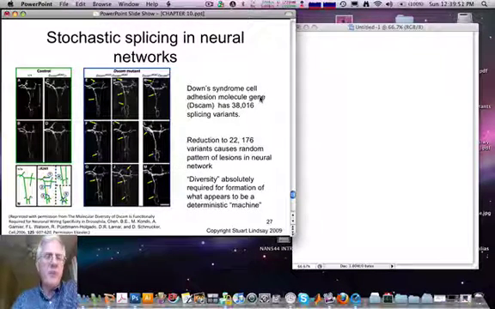Here is one of my favorite examples, though, of random splicing elsewhere in an organism. So we go now from the immune system, which was perhaps the first example of this, to the development of neural networks.